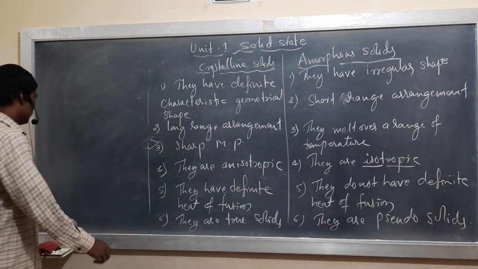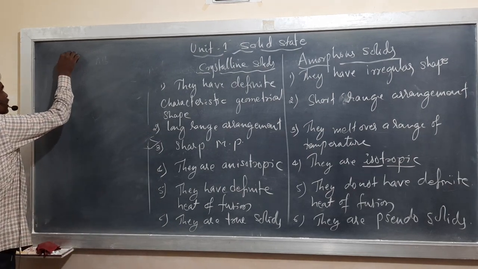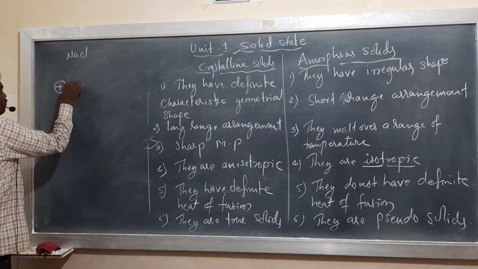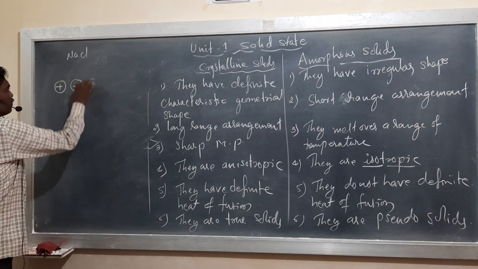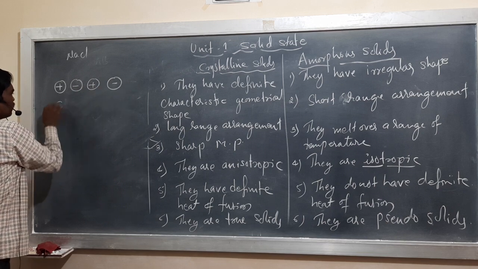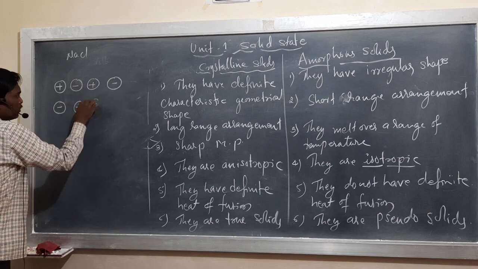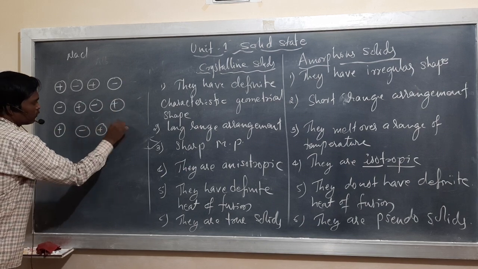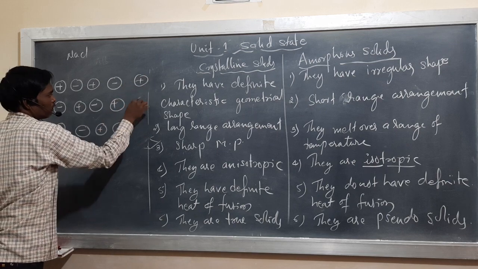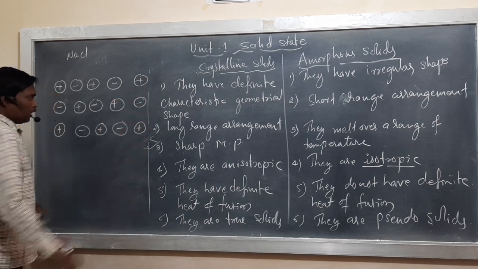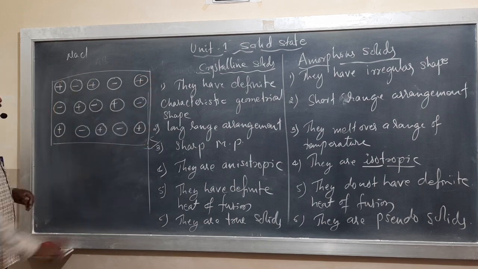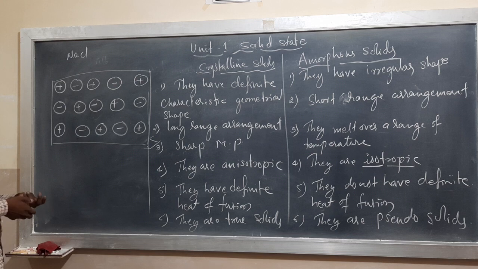For example, take sodium chloride. The arrangement is sodium, chloride, sodium, chloride, and so on. This is a solid sodium chloride crystal, and these are the ions arranged in it.